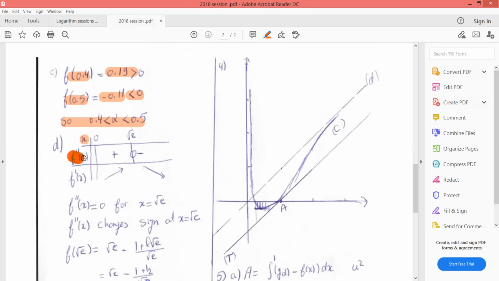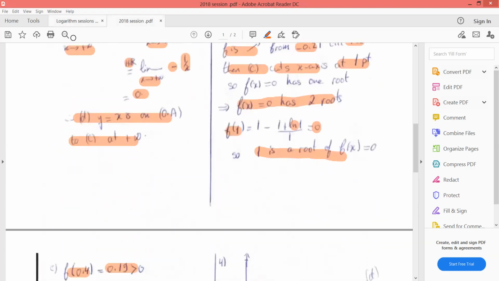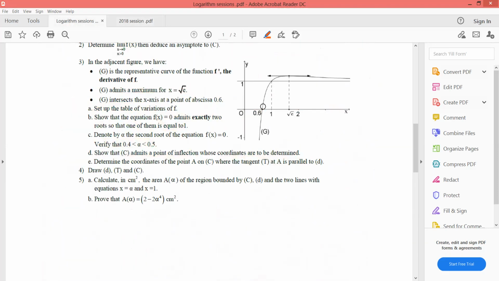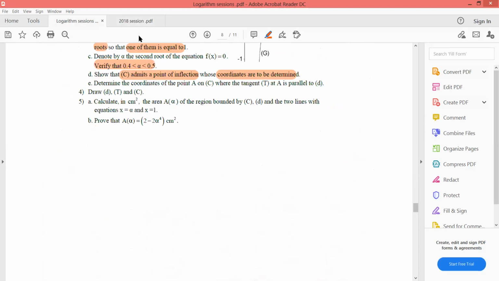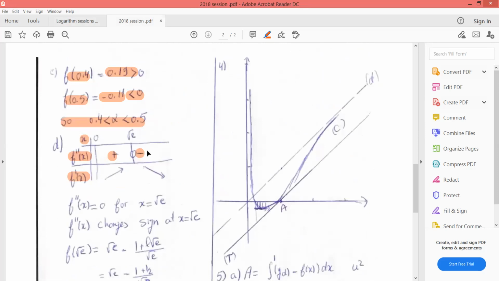For f double prime, it is positive here since f prime is increasing in this interval, and negative because f prime is decreasing in the other interval.